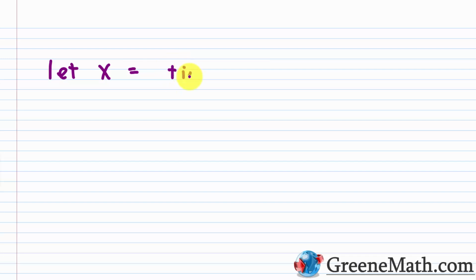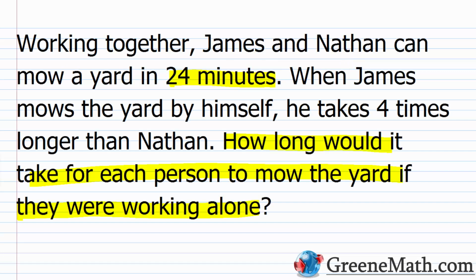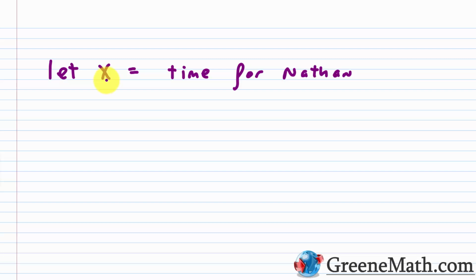Then because James takes 4 times longer, I can just multiply 4 times x to get the time for James. So 4x is equal to the time for James.